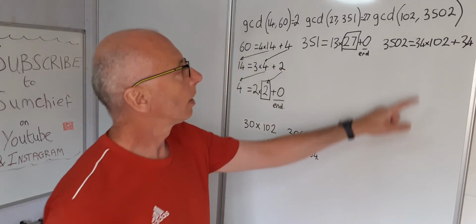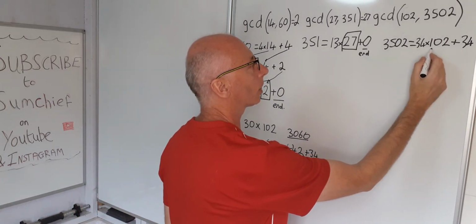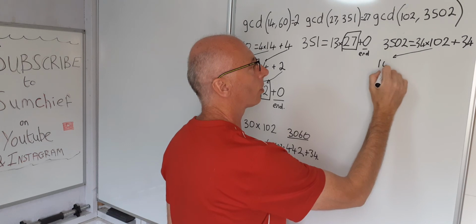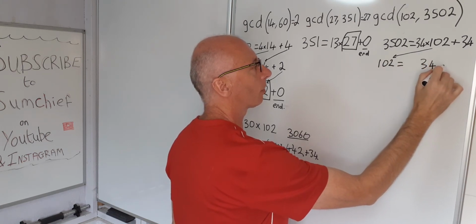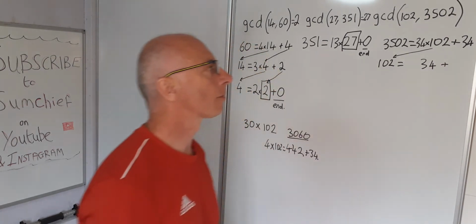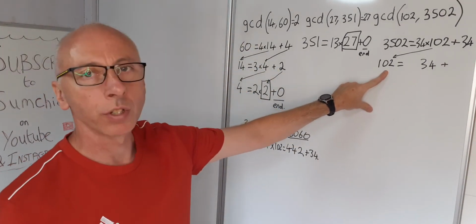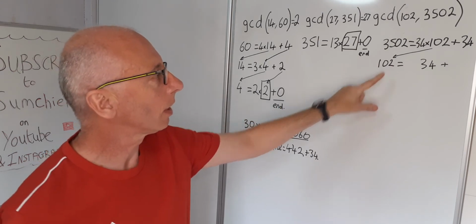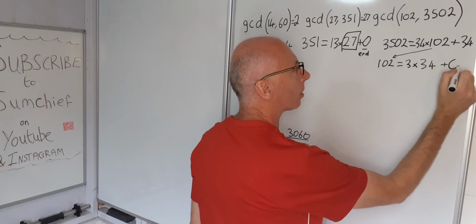Okay, so now following this technique here, bring these 102 and 34 across. So 102 equals something times 34 plus a remainder. Okay, 34 times what is 102? Well, 34 times 3 is exactly 102, and with 0 remainder.